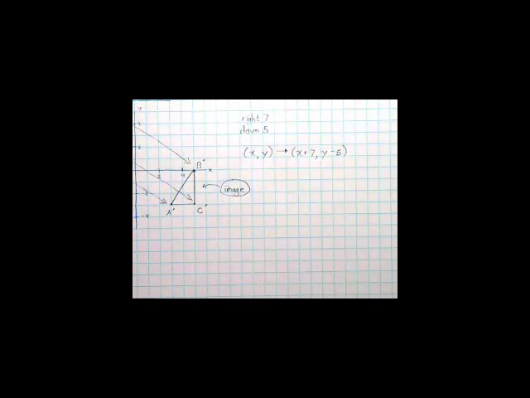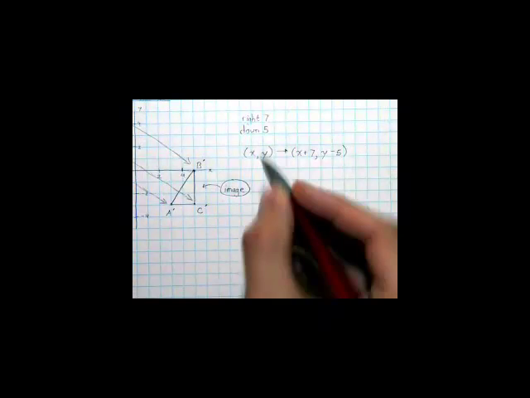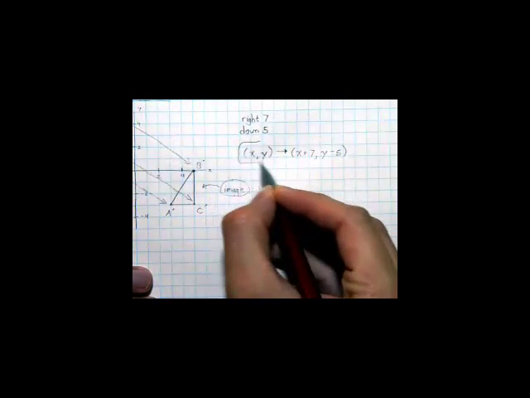Every point that is in the pre-image, you take the x-coordinate and add 7. You take the y-coordinate and subtract 5. Okay, isn't that exactly what we did? To move it to the right 7, I had to take every x-coordinate of all the points in the triangle and add 7 to them. And to move it down 5, I had to take every y-coordinate that I had and subtract 5 from every one of them. There you go. Okay, so this is called the rule for this particular one.